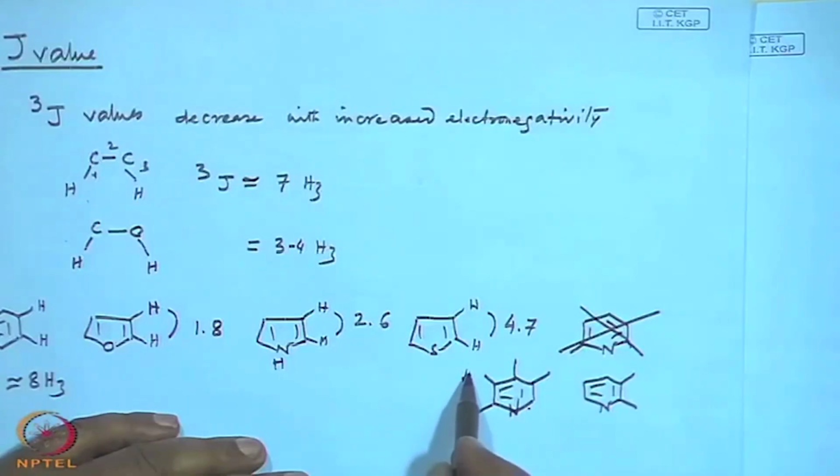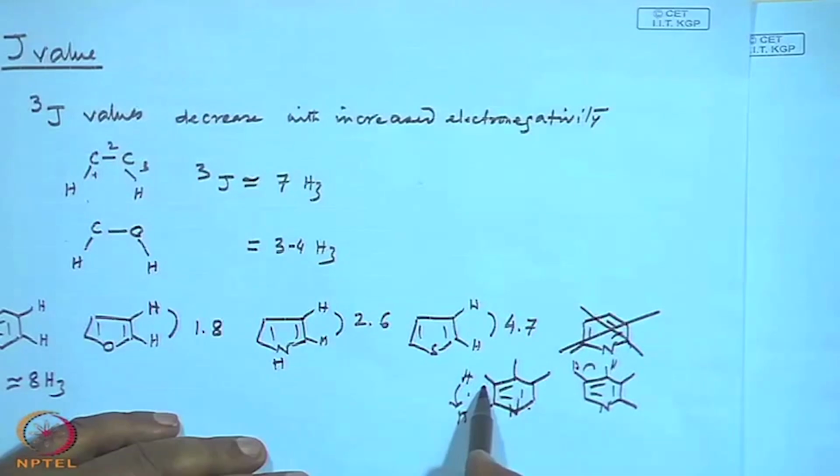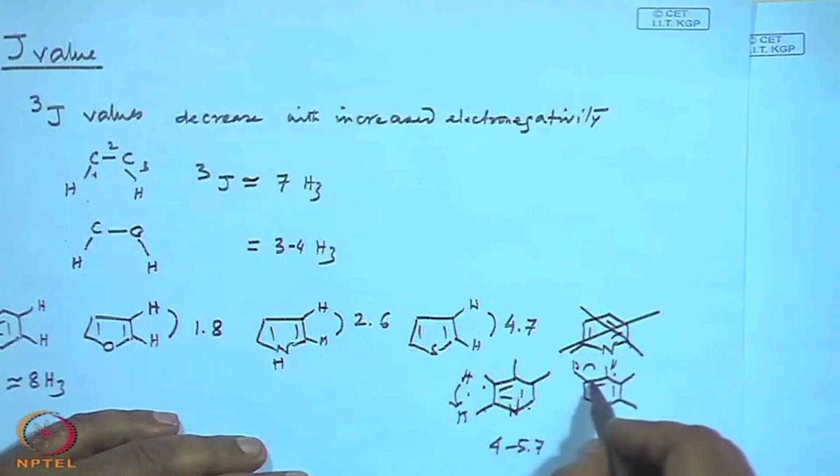Thirdly, you can just use the coupling constant values. The coupling constant of these two indicated hydrogens would be more than that of these two. That means the 2-3 hydrogens and the 3-4 hydrogens. The 2-3 coupling constant is 4 to 5.7, and for the 3-4, the coupling constant goes to 7 to 9.